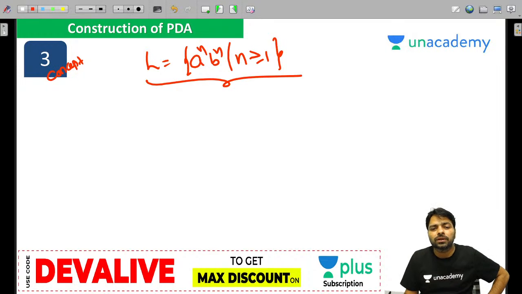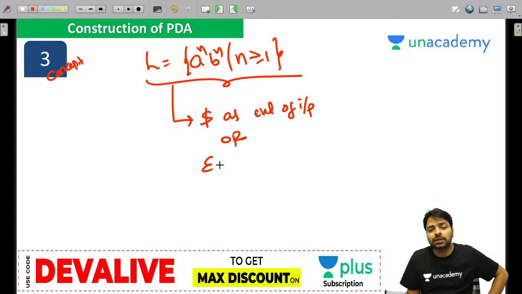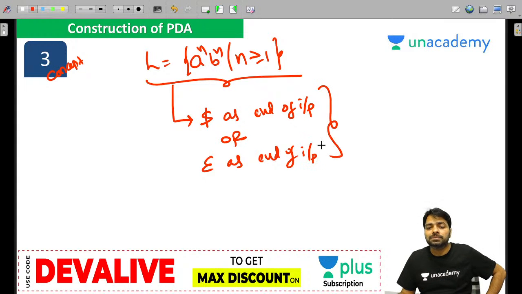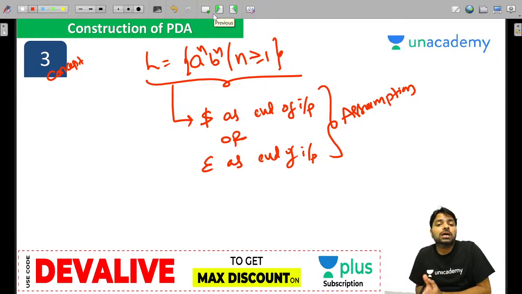You can assume, if you want, a special symbol, like dollar as the end of input, or epsilon. It is your choice. This is another assumption. Is it clear? This is the third concept, because at the end of the string you must halt, right?